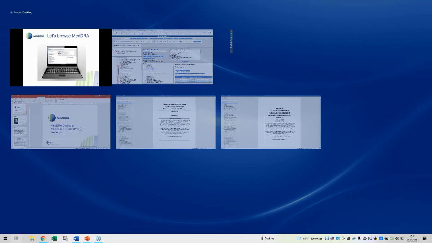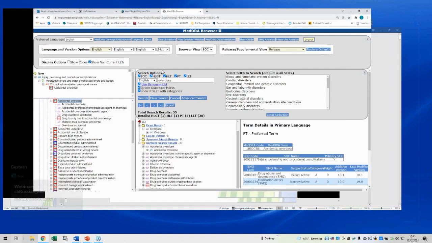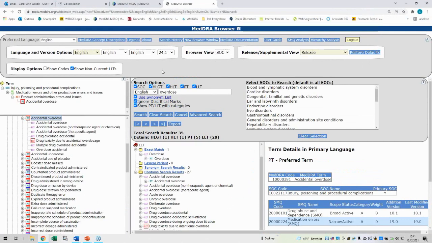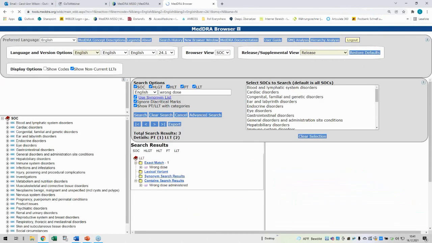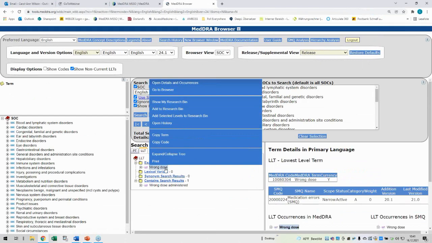So let me again switch to the browser, and let us look for the proposed LLTs. First of all, we have to capture the specific type of deviation by the nurse from the instructions of the physicians. We have wrong dose. Let us check wrong dose. Here's a direct hit.